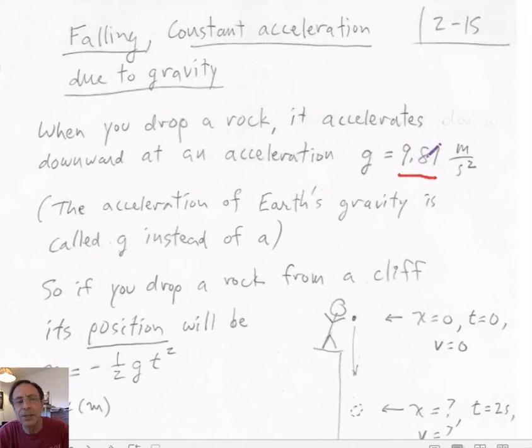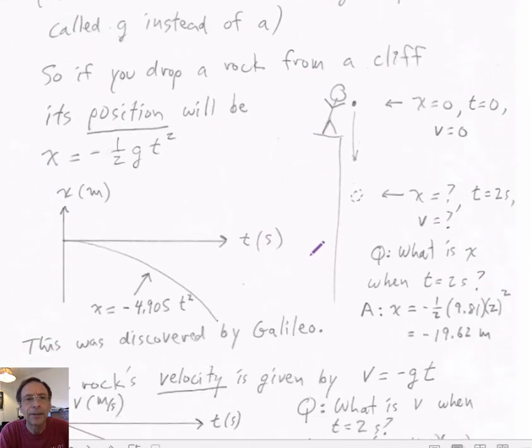So this is just a kind of a typical acceleration for places at sea level. All right. Now this acceleration comes up over and over again so often that instead of calling it A, we've given it a special letter. We call it G for gravity.